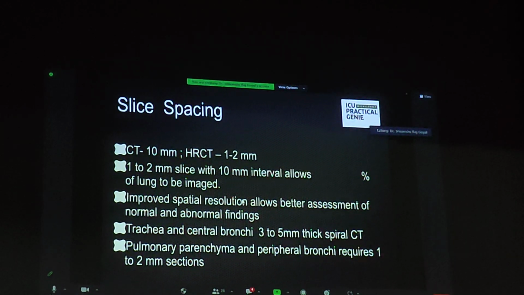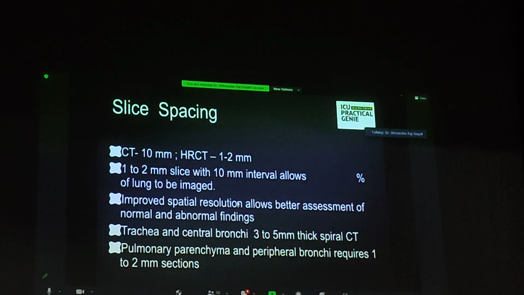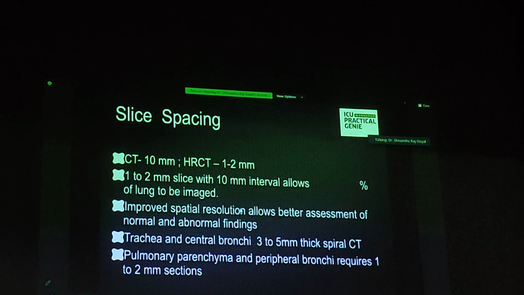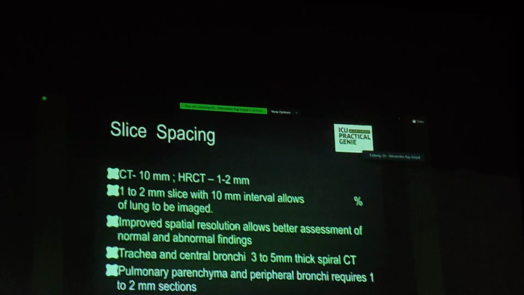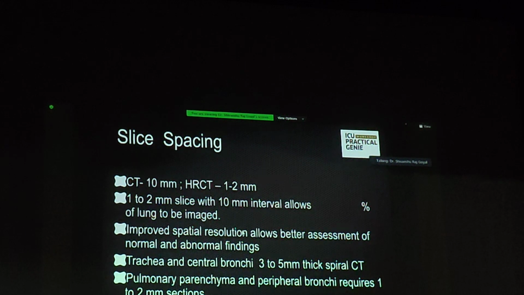What it means for you, where do you order an HRCT, where do you order a normal CT, I'll talk about in the subsequent slides. So the concept is that at 1 to 2 mm slices, when we do it at 10 mm intervals, the HRCT is not scanning your entire lung. It is actually scanning a certain percentage of the entire lung.